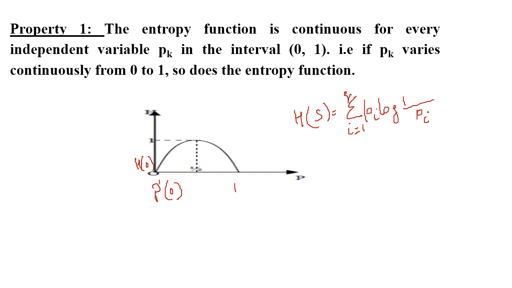Similarly, when the probability value is 1, we get the entropy value as 0, and when the probability P is equal to half, the entropy H(S) will be equal to 1. Therefore, the entropy function is a continuous function for the probability interval from 0 to 1.